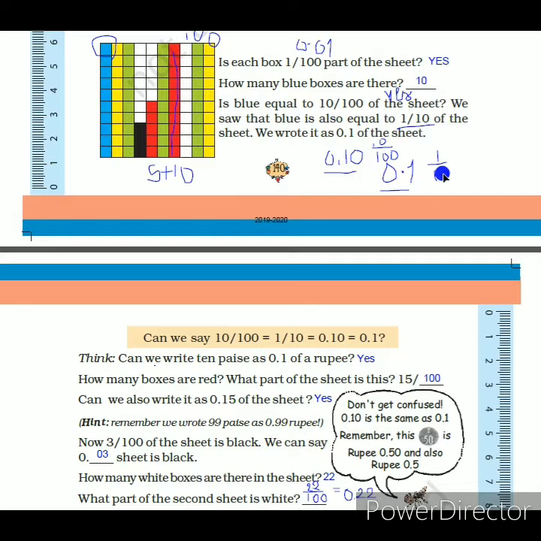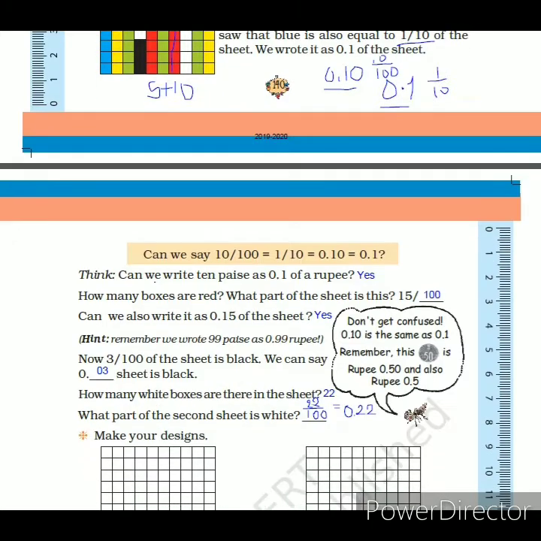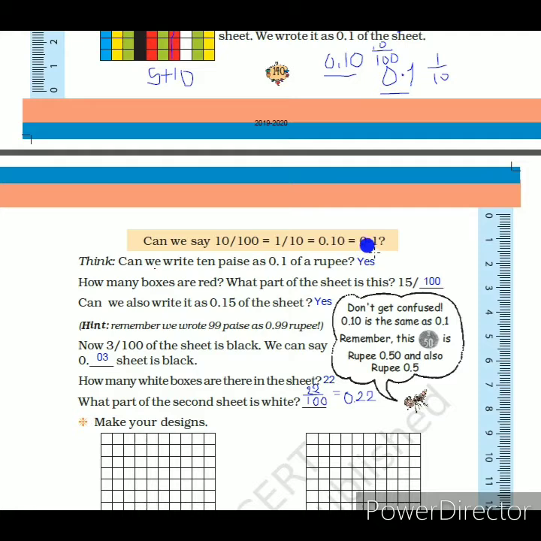The first box, 1 by 10, we can write in decimal form as 0.1. As there is one digit after the decimal point, the fraction has denominator 10, that is 1 by 10. That means 10 by 100 and 1 by 10 are equal. In the same way, 0.10 and 0.1 are equal.